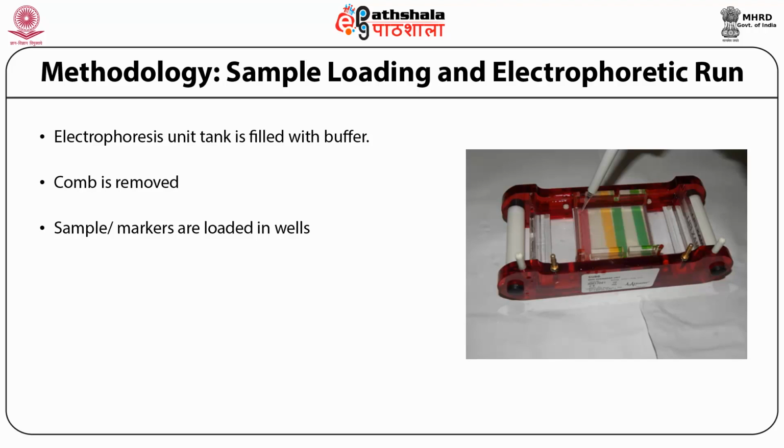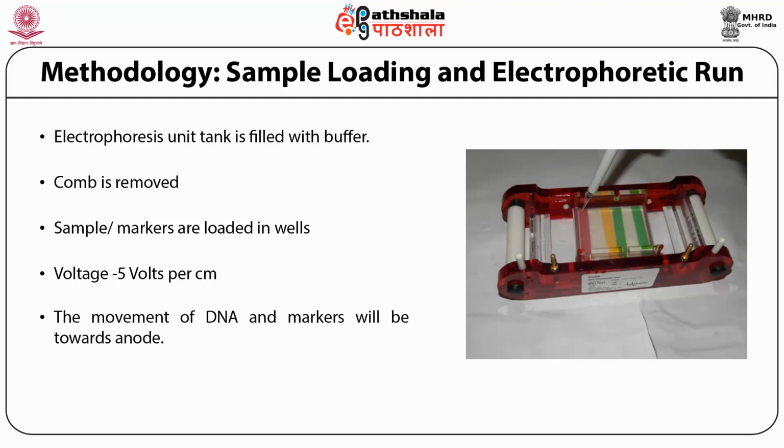Electrophoresis is done at a voltage of 5 volts per centimeter, that is the distance between the two electrodes. It is essential to connect leads to the power supply correctly. Movement of DNA and markers will be towards the anode.